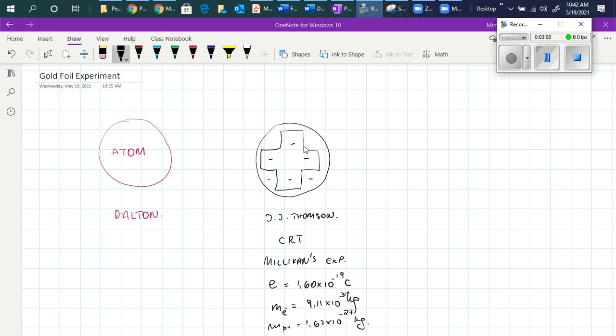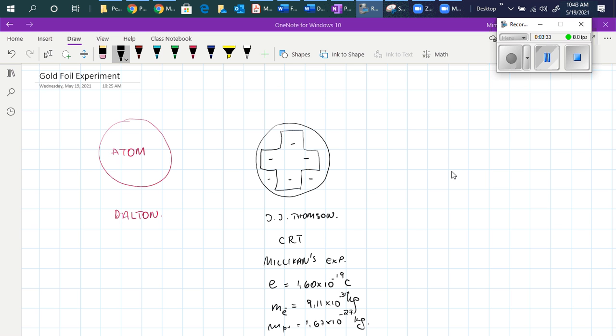This is the main finding, or the main importance, of the J.J. Thomson model of the atom: the fact that we are now making the atom divisible.